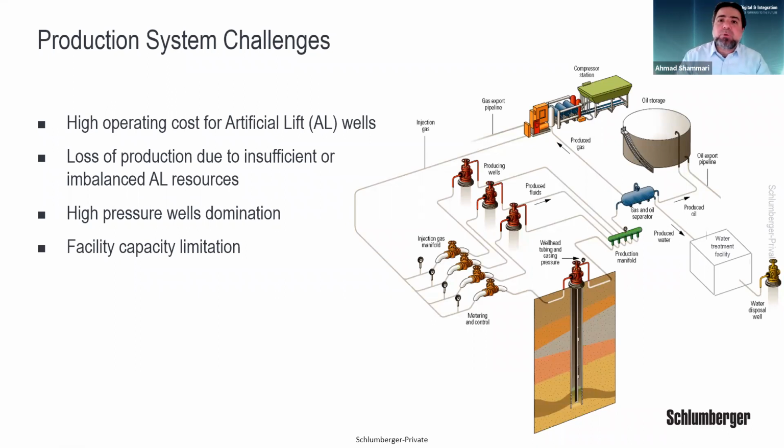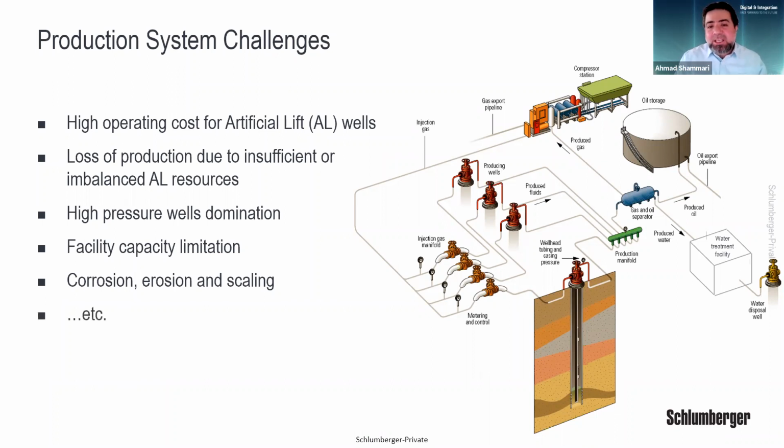In certain fields where they have only gas cap, for example, if the production becomes high, they have to flare the gas, burn it, okay? Which is of course a big loss. So you need really to control your production in a way that I don't exceed or reach my facilities capacity, which is our separator capacity. We have the problem of the integrity of the assets: corrosion, erosion, scaling, etc.